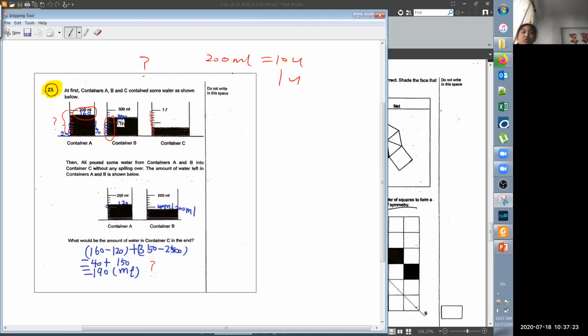So 1 U is what? 1 U is 20 milliliter咯, right? So if 1 U is 20 milliliter, so now the question is pretty simple, right? So this is 20, and this is now 20, so therefore you have 160, which is correct.